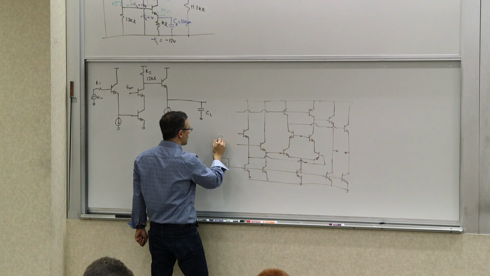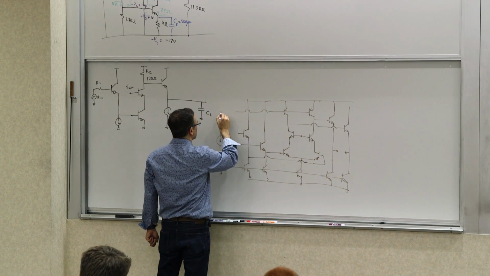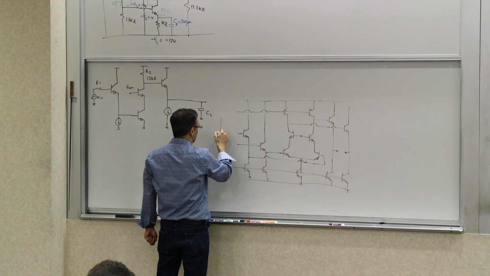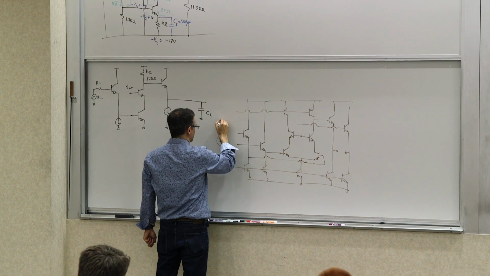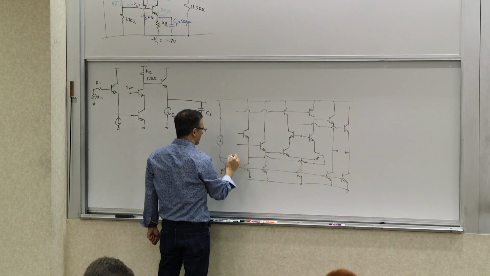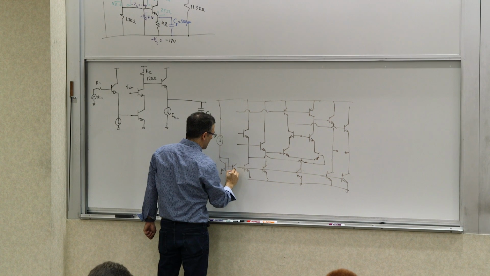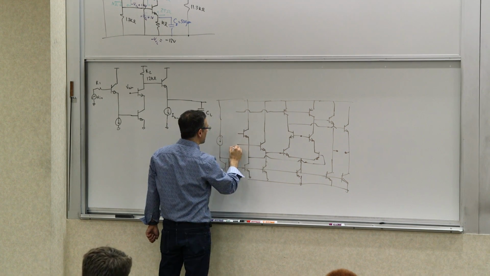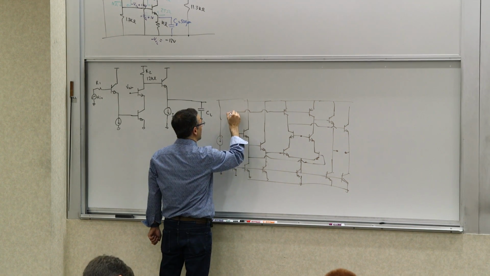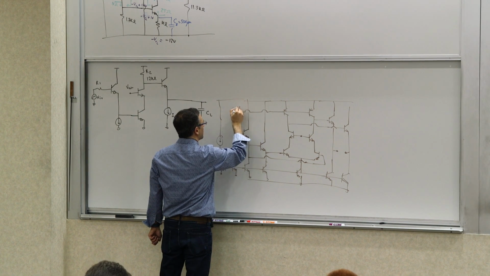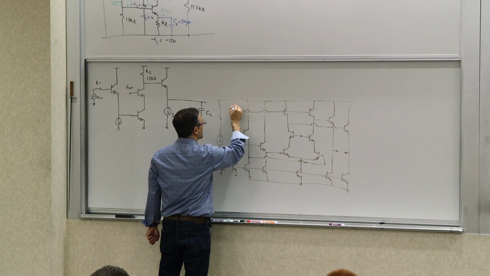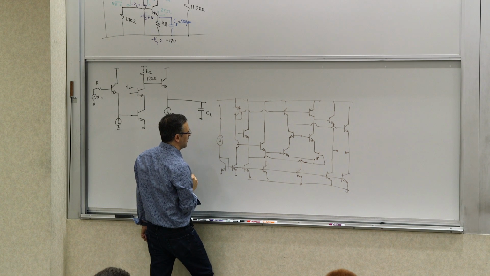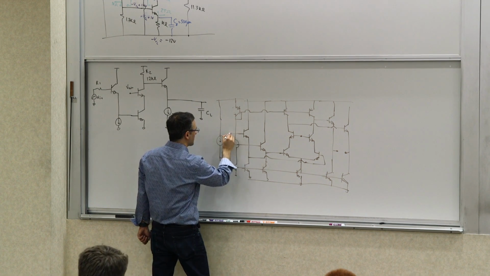You can have some sort of a fancy current source. What I'm drawing is a little bit, okay, let me draw it properly. You probably need another reference branch to come and feed the reference branch here. These are your inputs.